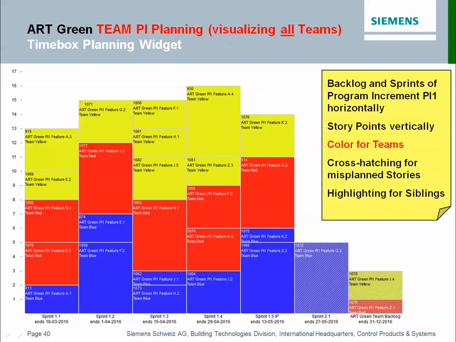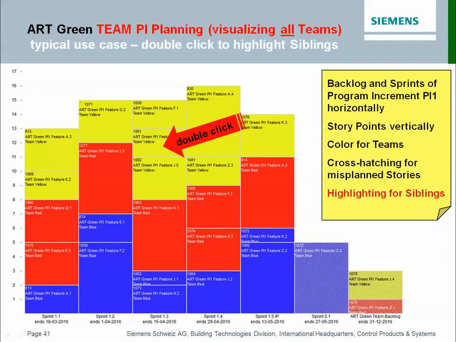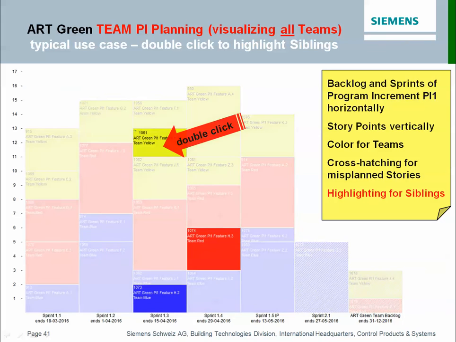Typical use case we have here is that we just double click the story, and you know now what happens. You see the stories which contribute to the same feature. And we highlight the siblings. And this is how we make sure that the dependencies are well defined.